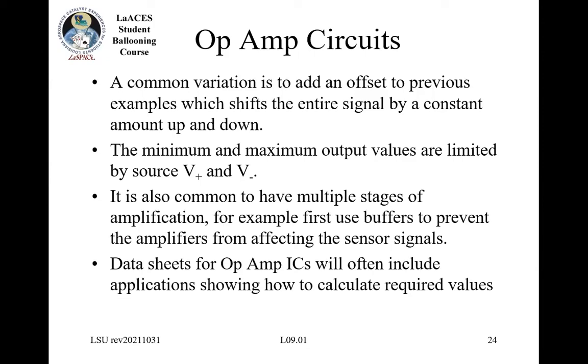In particular, if I'm trying to amplify a 5-volt signal coming in and I want to double it and I only supply 5 volts to the op amp, well, the most I'll ever get out of that op amp is right around 5 volts. It's also very common to have multiple stages, where I have, say, a buffer first to prevent the effects of the current draw from affecting the signal. Then I could feed that into, say, a non-inverting amplifier or a differential amplifier.